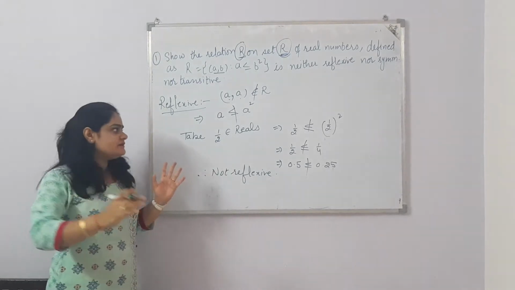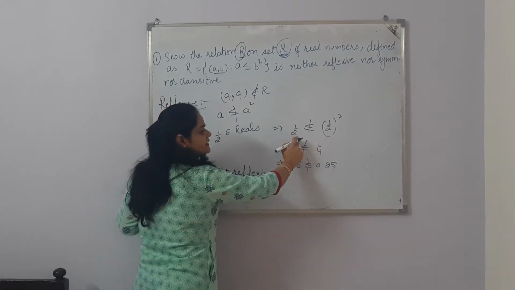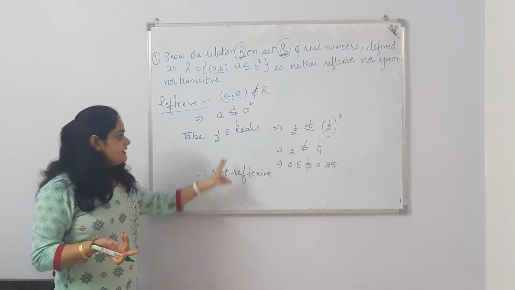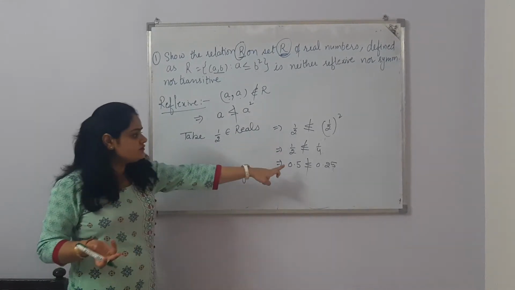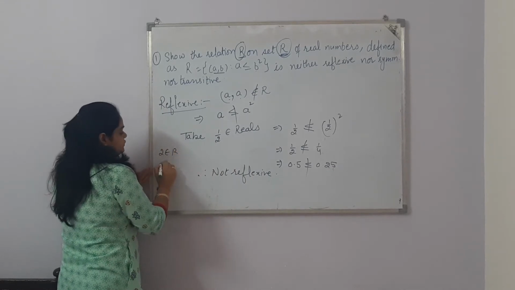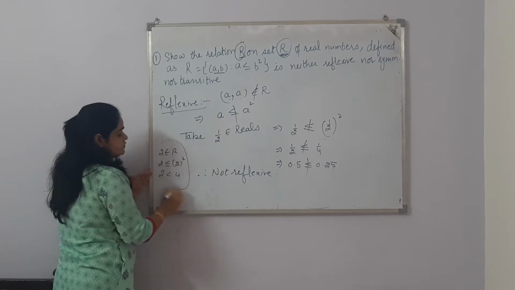Like if we take 1 belongs to real, then 1 is less than or equal to 1 square, 1 equals 1, it is proving. If we take 2, then 2 is less than or equal to 2 square, of course 2 is less than 4, this is true.